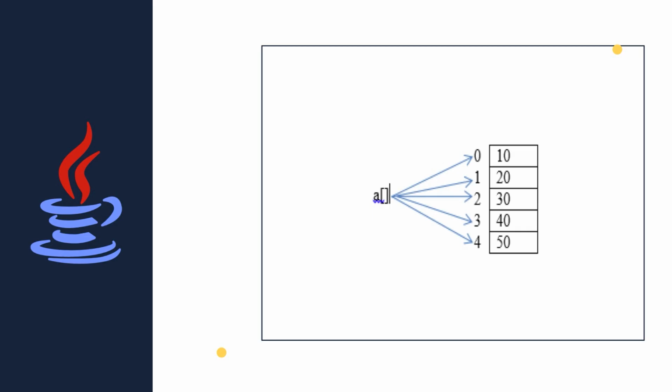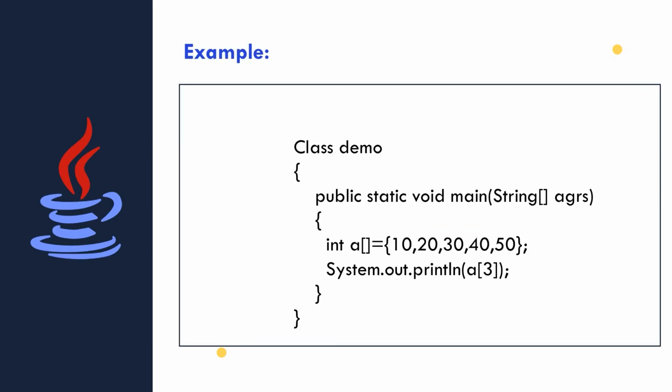Here we will have a 5-element array where the positions of the array will start from 0 to 4. 0 is the base index and 4 is the last index of the array. In this example, between index 0 to 4, the elements of the array are 10, 20, 30, 40 and 50. So in this example, a is a reference variable.